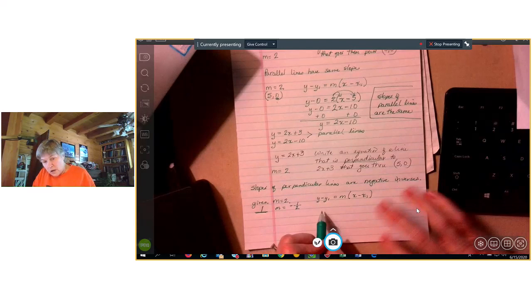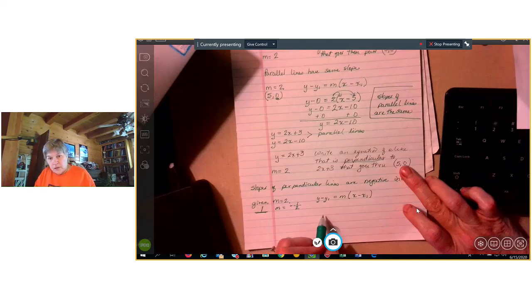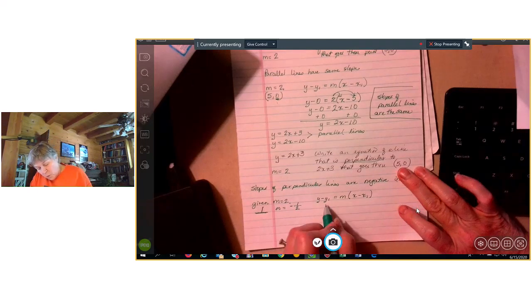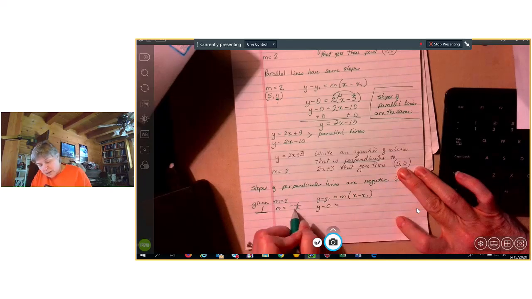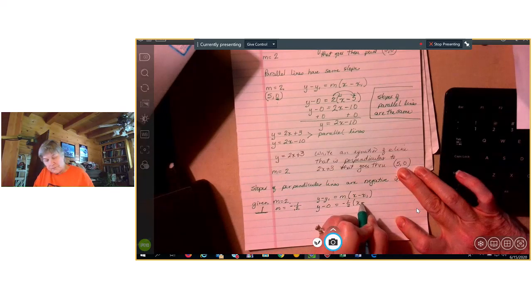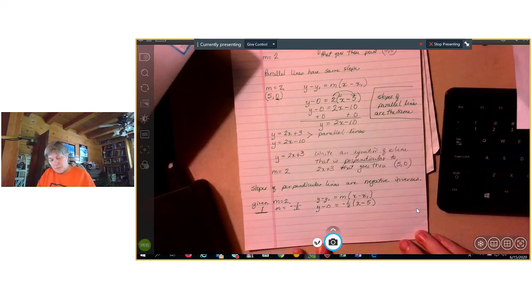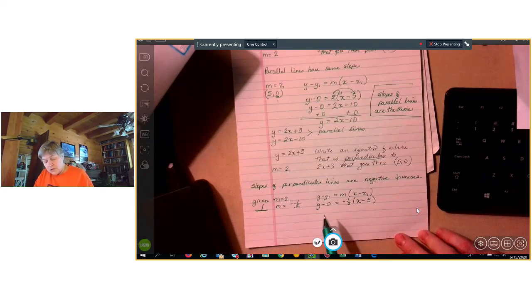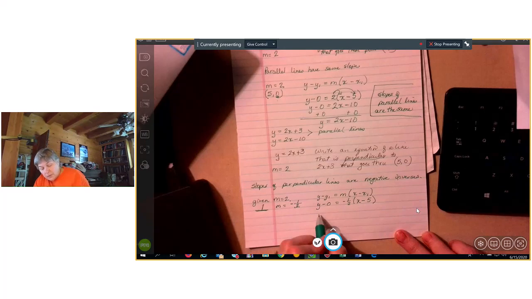So our same point that we're going to go through here is going to be y minus 0 equals negative 1/2 times x minus 5. Now, it's going to start looking a little weird because half of 5 is going to be a fraction, but we're going to keep it in fraction form. So we're not going to be doing a lot of different work.